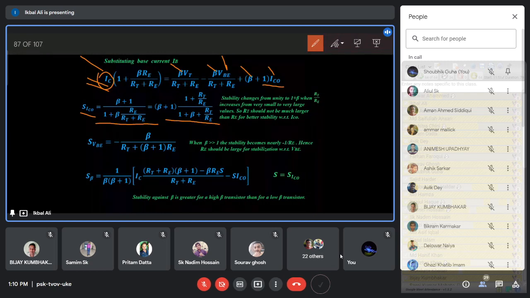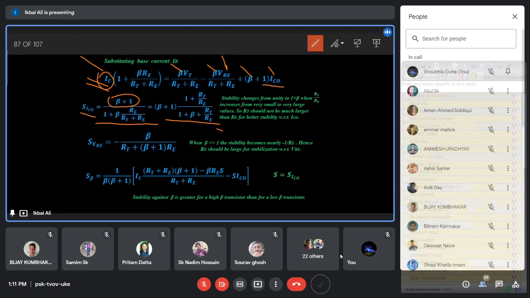Remember that in case of fixed bias, we have obtained only beta plus 1. But in case of collector to base bias, we have a denominator factor. Also in case of self bias, this denominator factor is there. So the SICO for the self bias is much better than the fixed bias as well as the collector to base bias.